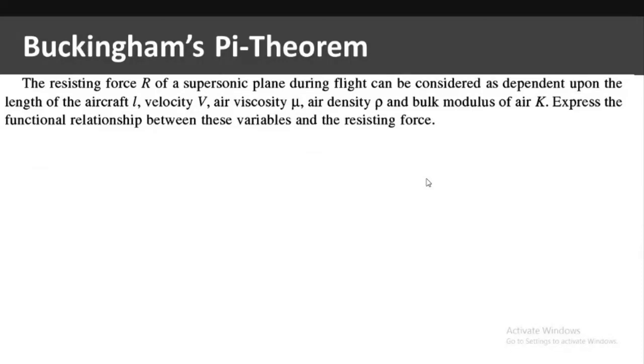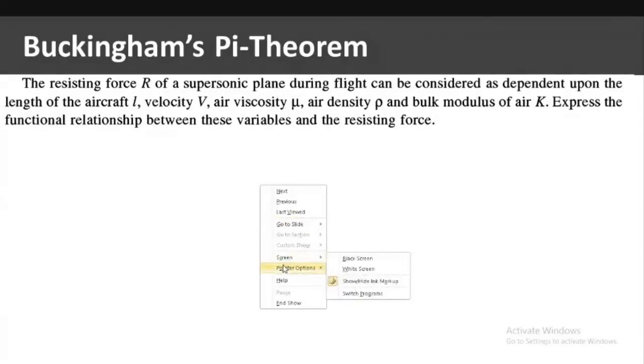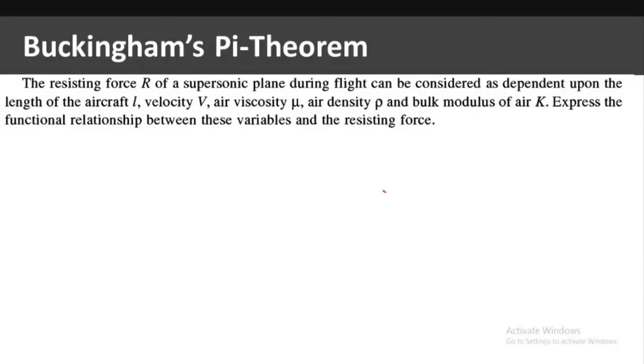So consider a problem: the resisting force R of a supersonic plane during flight. That means one aeroplane is moving. This aeroplane is moving with a supersonic velocity, and whatever the resisting force is when this plane is moving, the air is applying some resisting force.